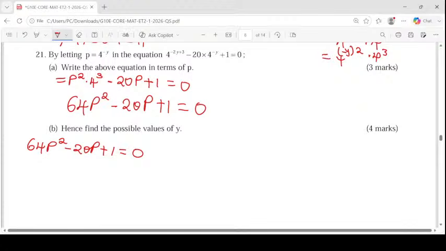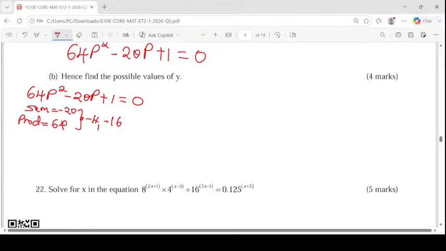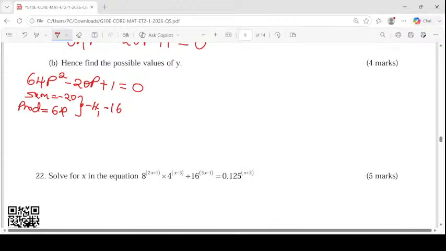So, for the sum to be negative 20 and the product to be 64, the two numbers here will be negative 4 and negative 16. Let us bring the numbers here. So this will be 64p squared minus 4p minus 16p plus 1 is equals to 0.